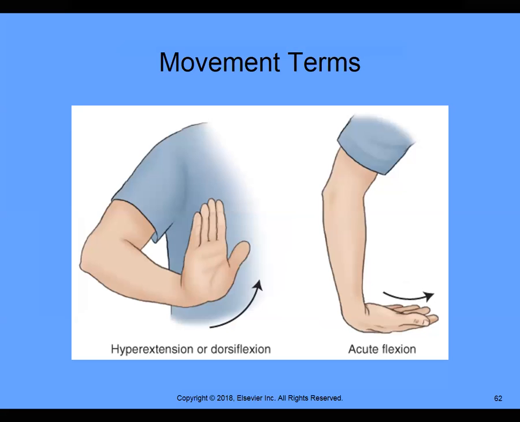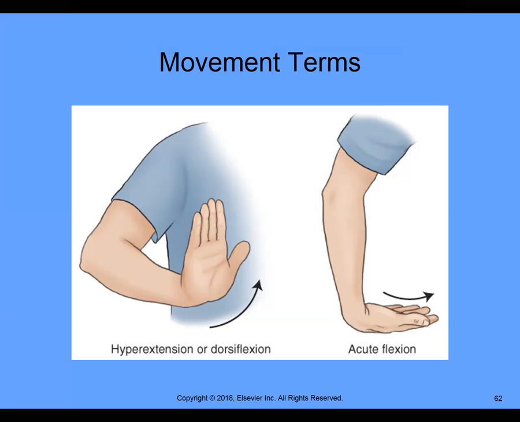Here's another movement that belongs to the hand. You have hyperextension or dorsiflexion, because remember the posterior part of the hand is dorsum manus. So you have hyperextension or dorsiflexion, and that's when you grab your fingers and you pull them back, right? You can straighten out your hand.